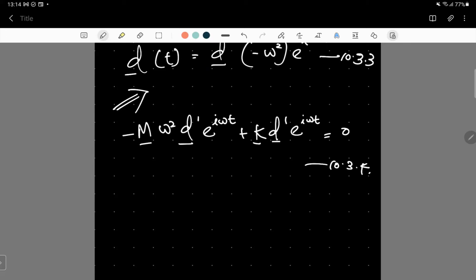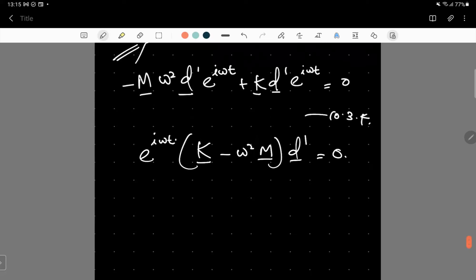So we can combine the terms in equation, let's say 10.3.4, to obtain e to the power i omega t times (K minus omega squared M) d dash is equal to 0. We know that e to the power i omega t is obviously not 0. So then, in order for this function to be 0, the following condition has to be satisfied.